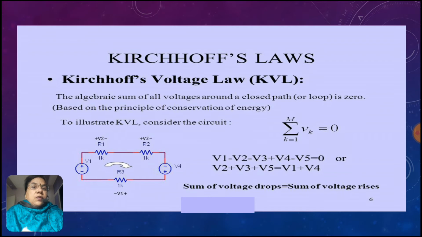So according to Kirchhoff's voltage law, we can say that the sum of the voltage drops is equal to the sum of the voltage rise. Now what is the voltage drop here? It is the voltage across the resistors, I1 R1, I1 R2 and I1 R3. And what is the voltage rise? It is V1 and V4. So I can say V1 plus V2 plus V3 plus V4 is equal to V1 plus V4.